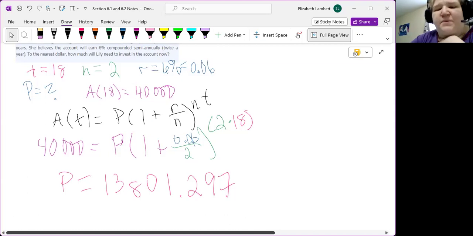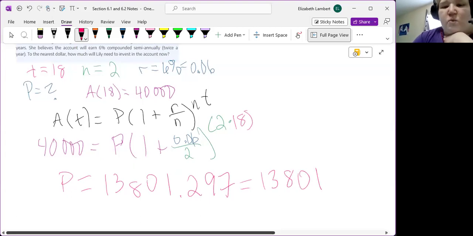To the nearest dollar, this is where we get into a little bit of a debate. This is a little bit more than $1, but not enough to round it up to the next dollar. So if we're answering strictly what it says, then our answer would be 13,801. But if you actually do the calculation with 13,801 as the principal, it is going to be a few cents shy of $40,000.